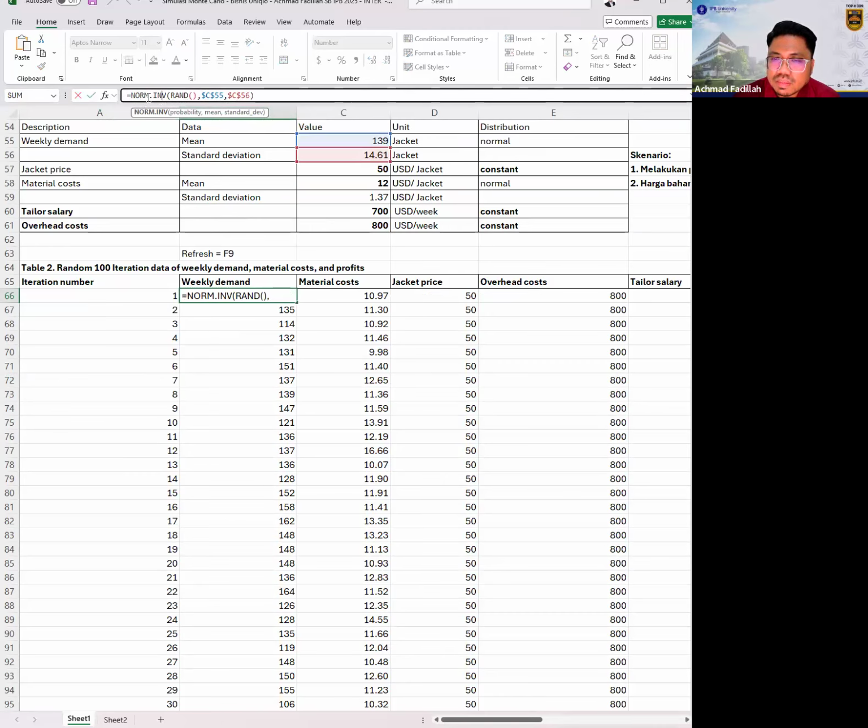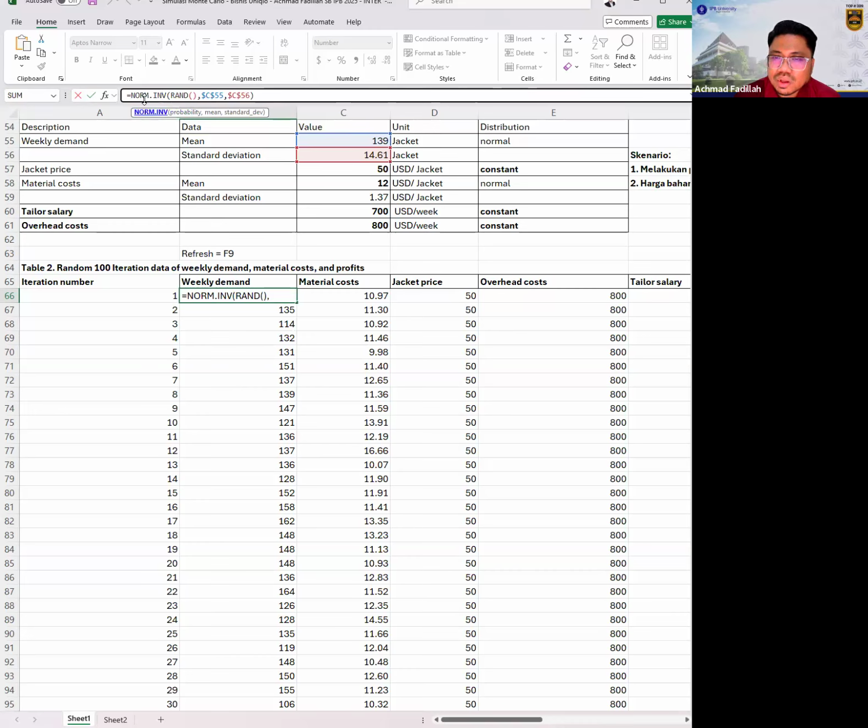There's NORM.INV, with two brackets here, and you put the cells for the mean. You just follow the guideline that Excel already gives you, even for a free Excel formula.